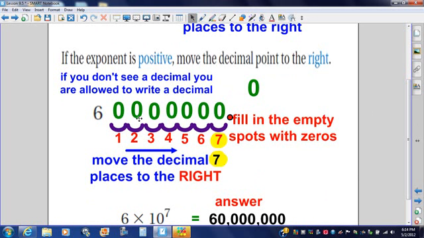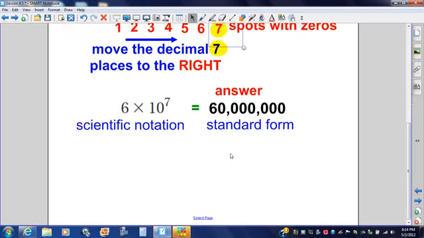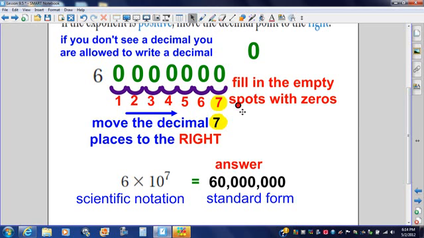There we go. Touching it up. Looks pretty good to me. Now that I moved the decimal 7 places to the right, I have 7 zeros. 1, 2, 3, 4, 5, 6, 7. Now some of you might get a little confused, so pay attention.